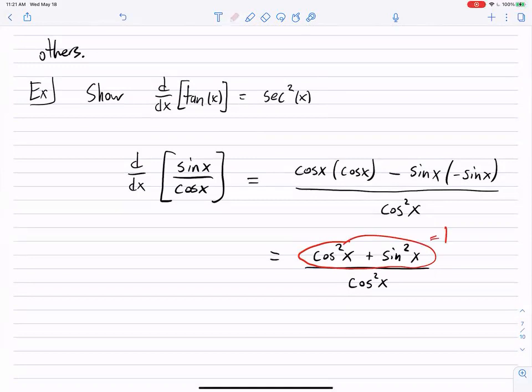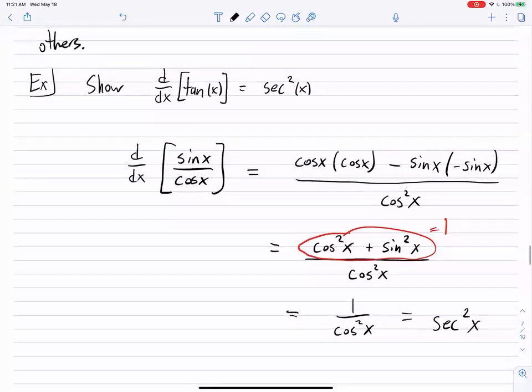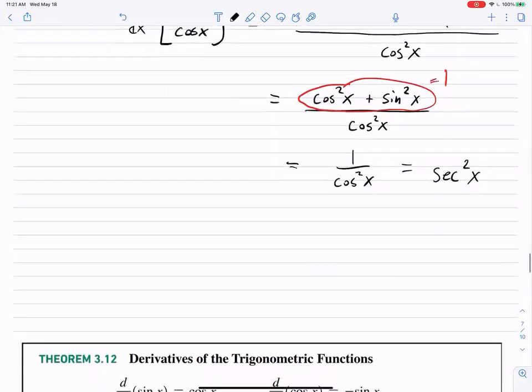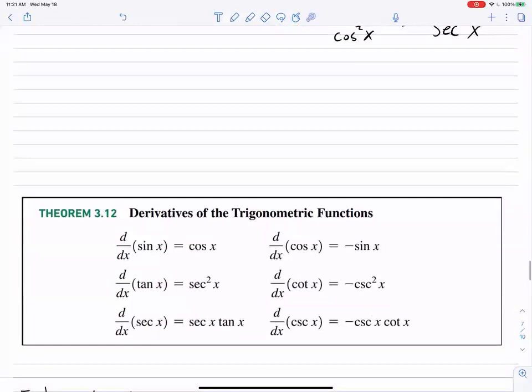That's a very important identity to know. And so this equals 1 over cosine squared x, but 1 over cosine, remember, is secant. So this is secant squared x. And so that's how we can use the cosine and sine to get the other trig ones. And you can do the same thing to find all the other ones.